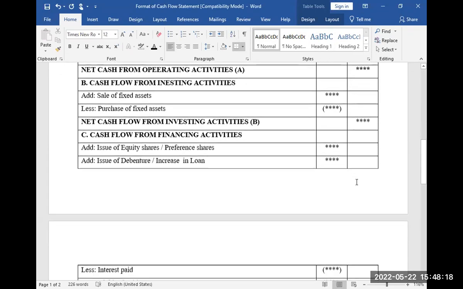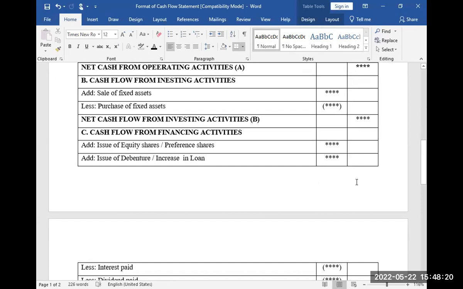So this is fine, net cash flow from operating activities. I repeat again. Start with net profit before tax, plus or minus non-current, non-cash and non-operating items, maybe expenditure or income. Again, plus or minus net working capital changes, decrease or increase in current assets and current liabilities. If you do that, you will get cash flow from operating activities.